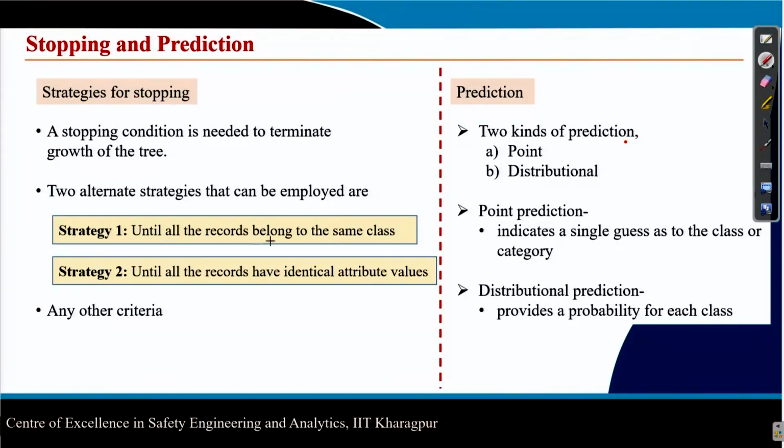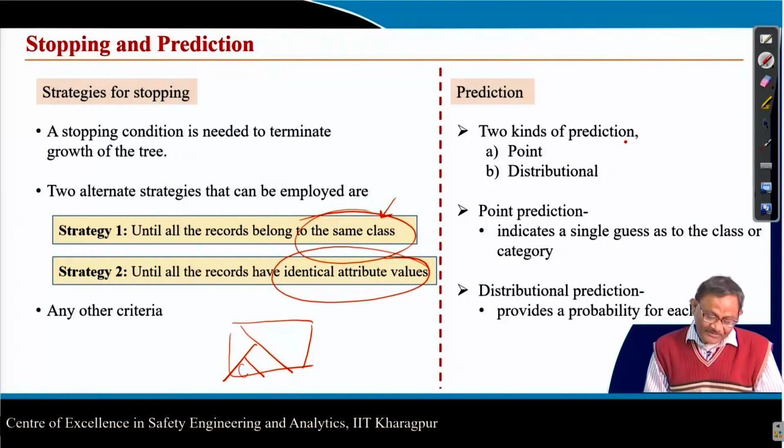Strategy 1 is all records belong to the same class, or strategy 2 is that all the records have identical attribute values. Okay, let me repeat it again. We are basically saying y is the class variable and x the attribute variables. Now when you are splitting, suppose this is the big one, split, then again it splits like this.